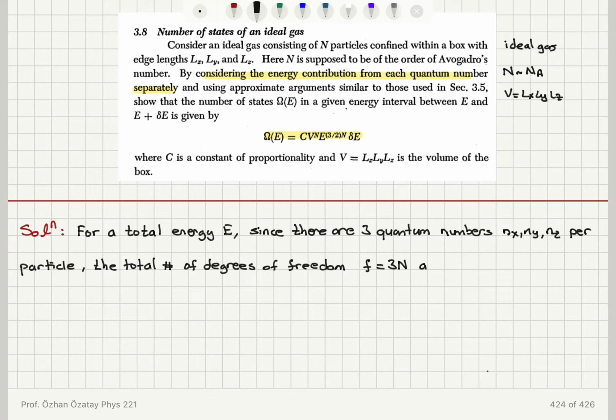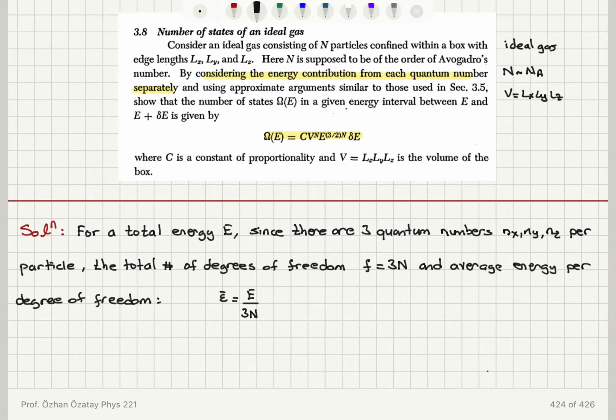So we can calculate the average energy per degree of freedom, epsilon bar. This will be the total energy E divided by 3 times capital N.